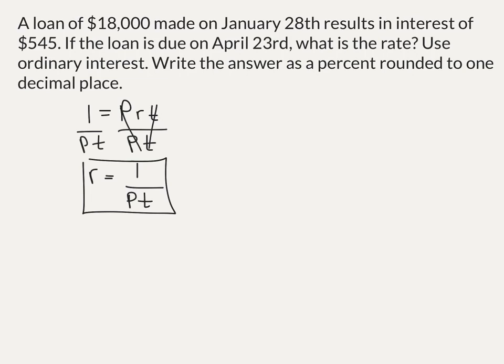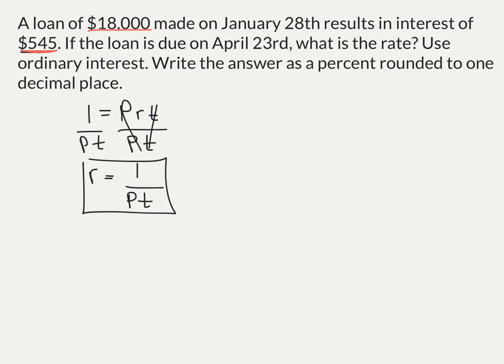Now, I need to know the interest amount, the principal, and the time. The interest amount is $545, and then the principal is $18,000.